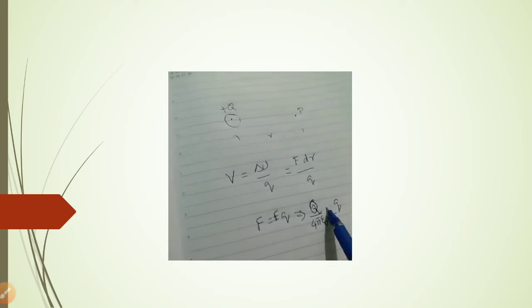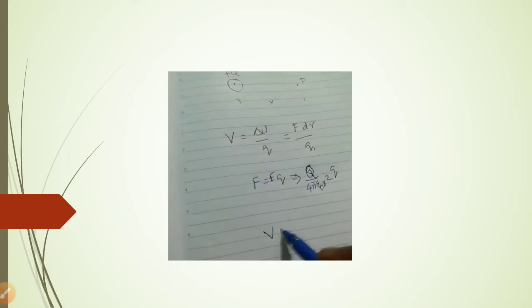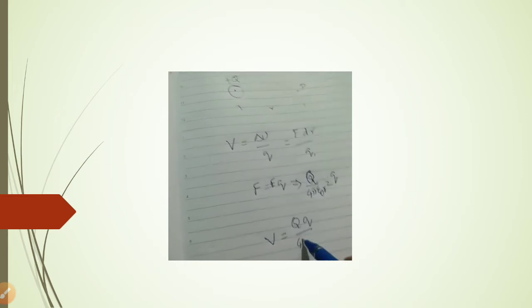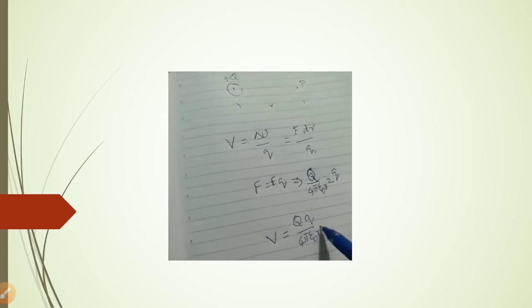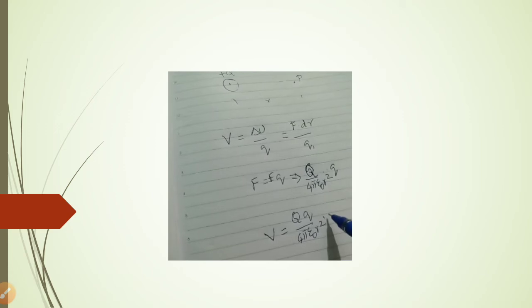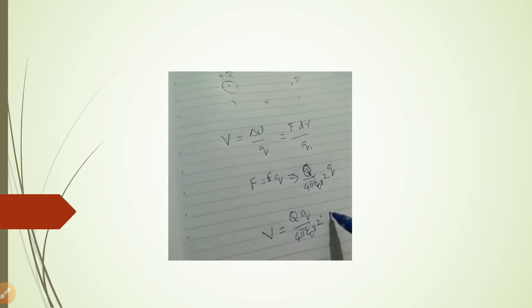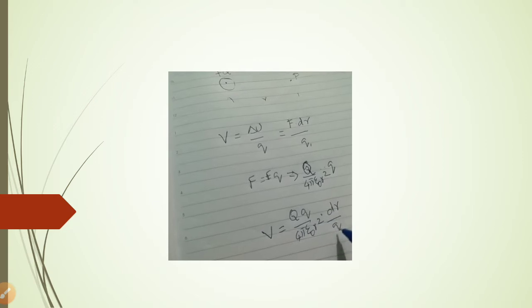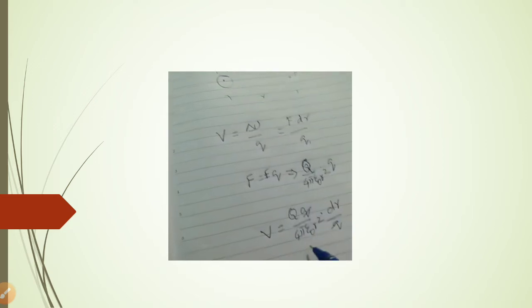Now when I substitute this value here, V can be written as V equals Q into q divided by 4 pi epsilon naught r squared into dr by q. So this q and this q will get cancelled.